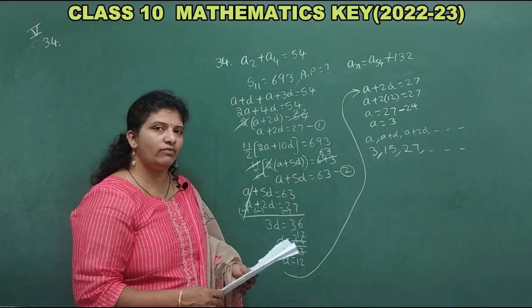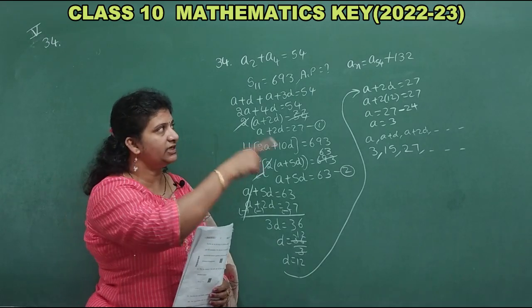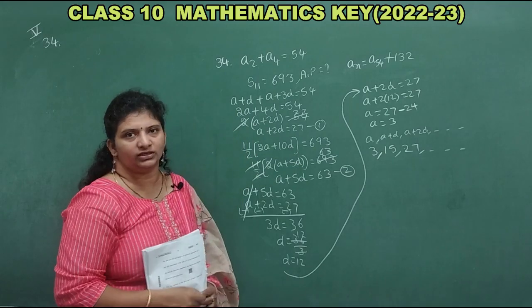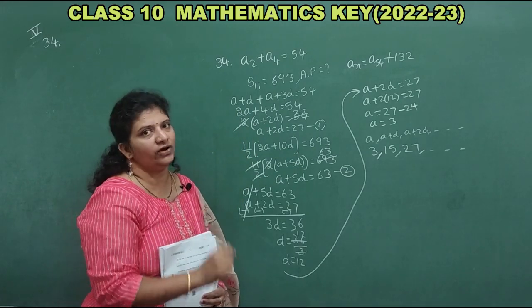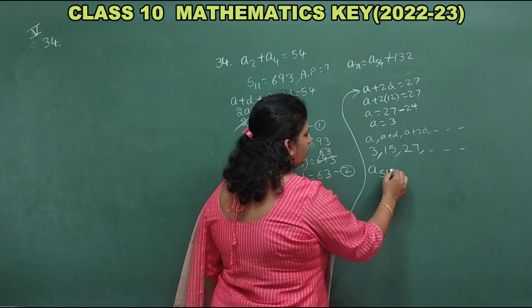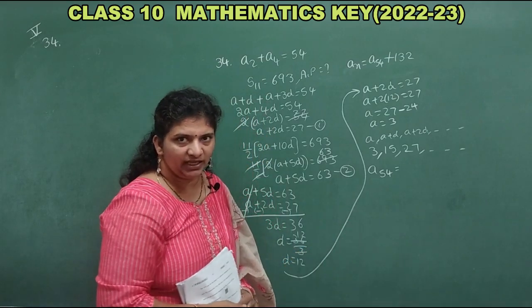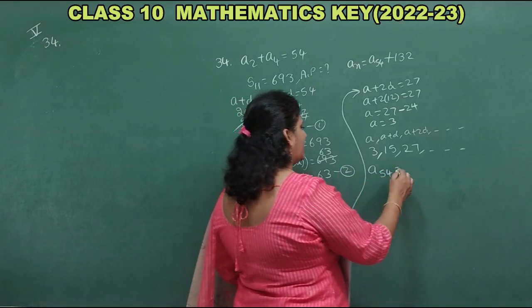And in this you have one more sub question. Which term is 132 more than the 54th term? First you find the 54th term. A54. You can write the formula an is equal to a plus n minus 1 into d. Then substitute all these values.